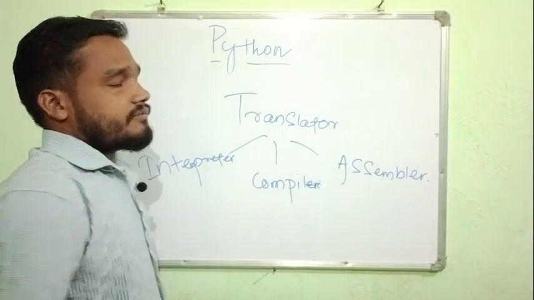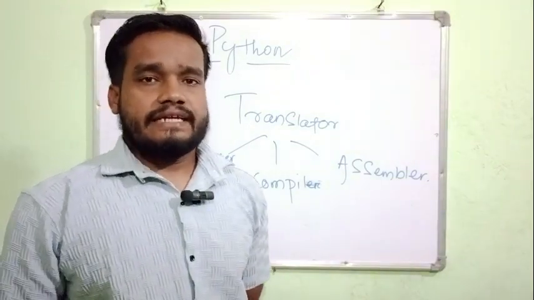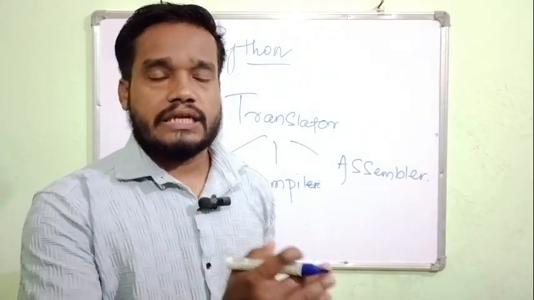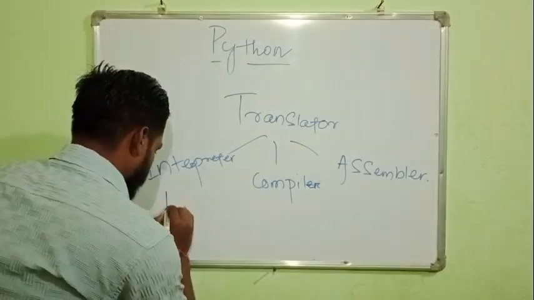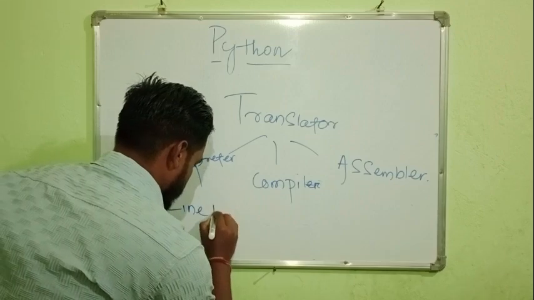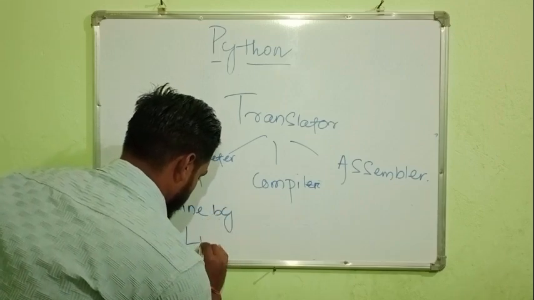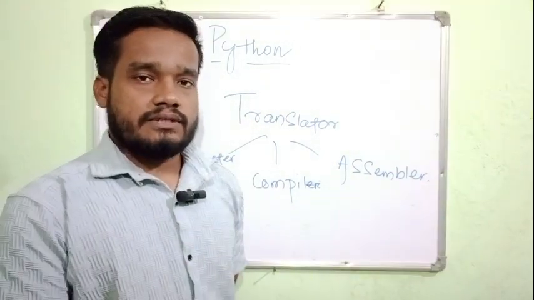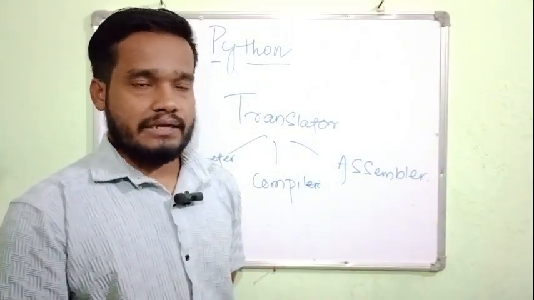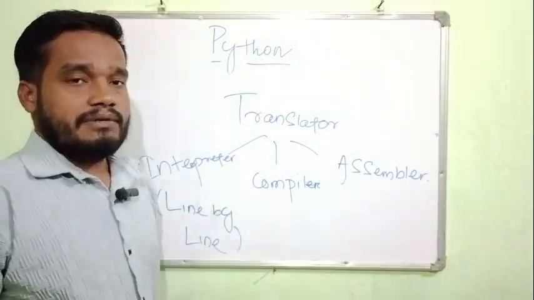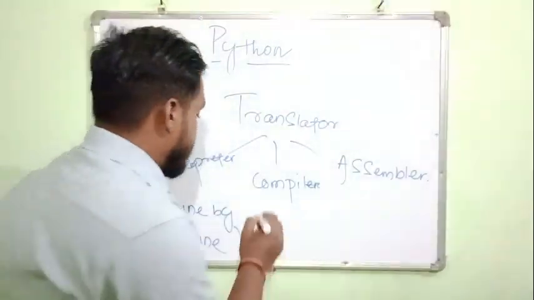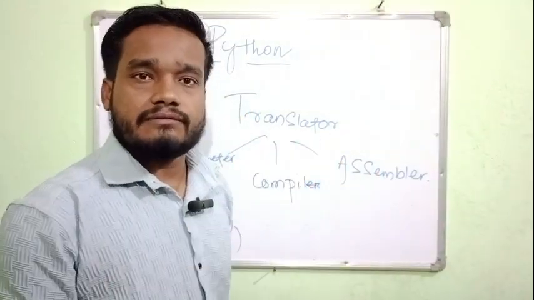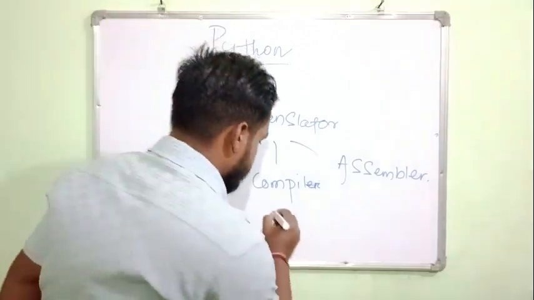The functionality of the interpreter is that it converts the high level language to low level language line by line. But in case of compiler, it converts the high level language to low level language page by page.